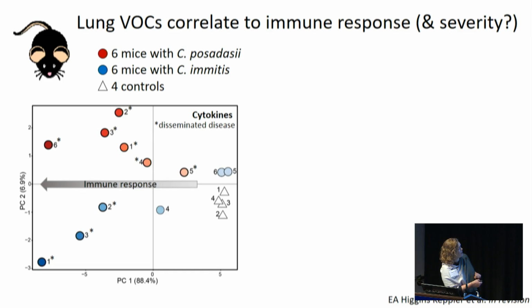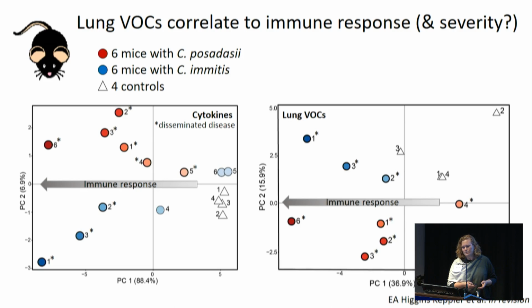Everywhere you see a star is disseminated disease, and a darker color indicates a larger overall cytokine abundance. Over here on the far right are the 4 control mice, and we had 2 mice that were inoculated with Immitis that had very low disease responses, but we do know that they were actually different than the controls. They just did not get very highly infected.